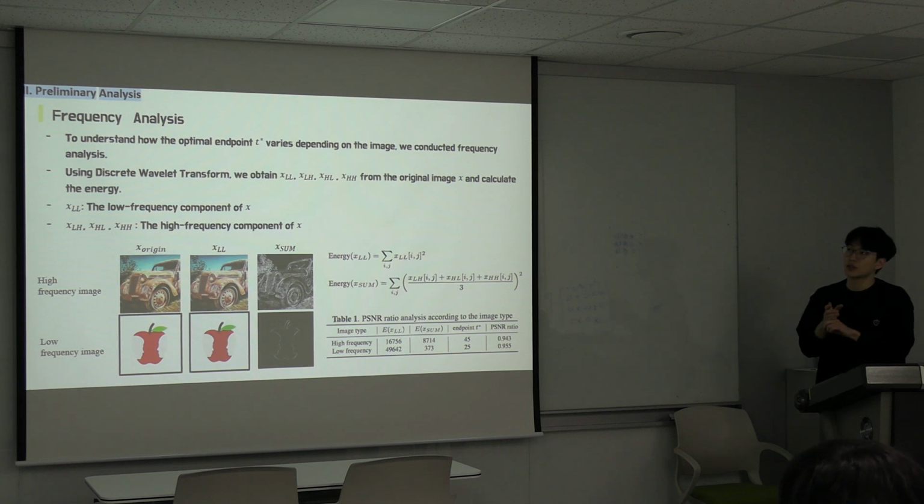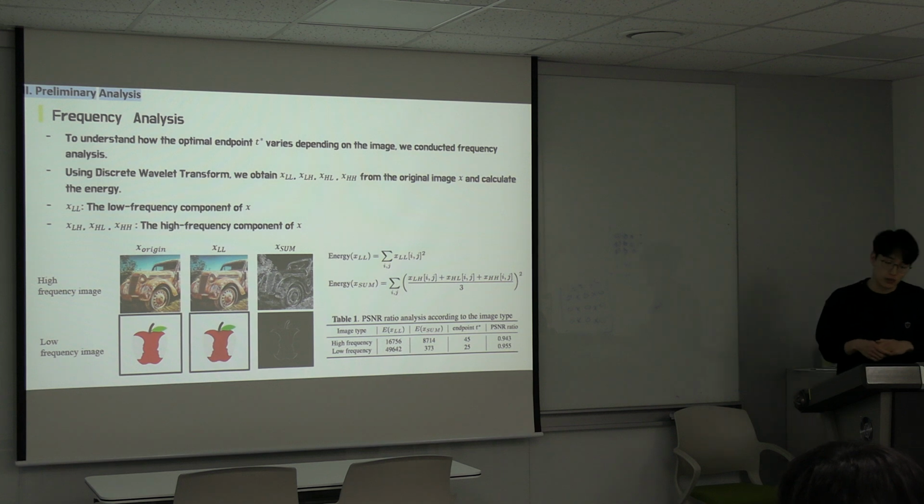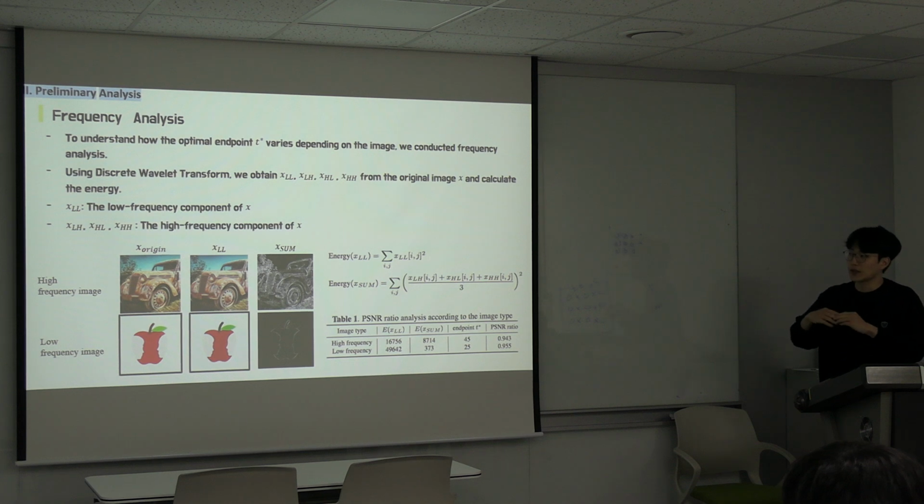Actually, we can use the Fourier transform or the wavelet transform, but in our experiments using the Fourier transform, we cannot perfectly separate the low and high frequency image. However, when we use the wavelet transform, we can get a clearly separated image, low and high frequency. Yes. But theoretically, it is the same.